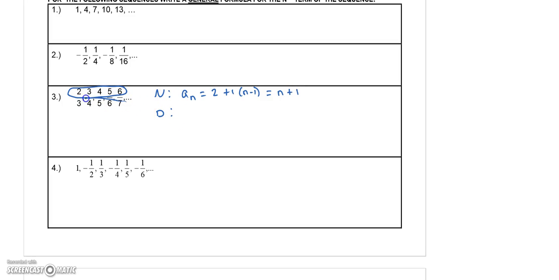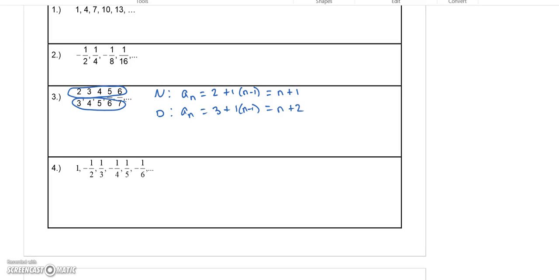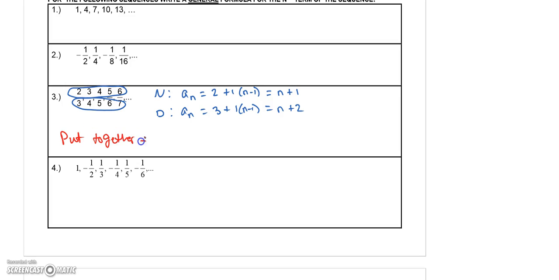Denominator, it's the same thing except I start with 3, so 3 plus 1 times (n minus 1), which gets me n plus 2. So when I put these together, I get a_n equals, the numerator follows n plus 1, the denominator follows n plus 2.